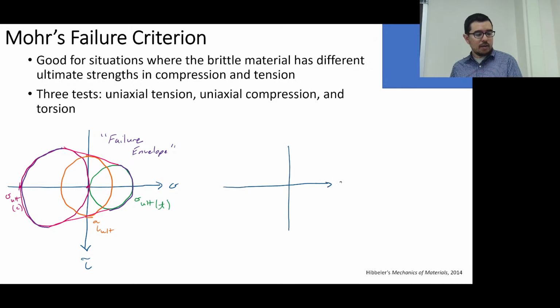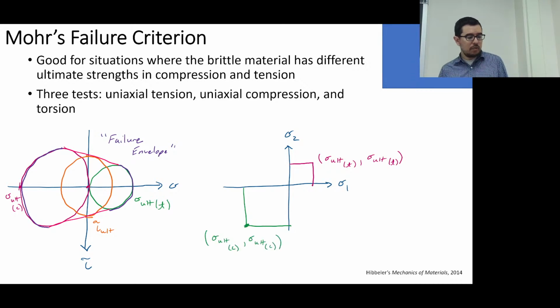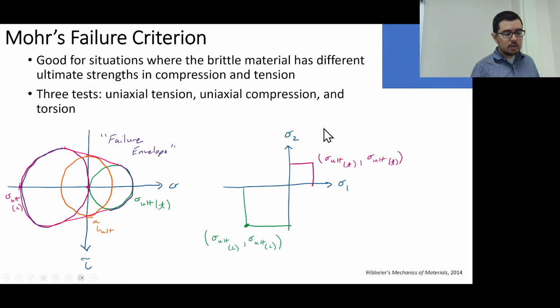And then we transport this idea over to a sigma 1, sigma 2 plot, and we have these two regions, where you have the tensile region and the compressive region. I guess I should have flipped these colors, because the green is tensile, anyway, you get the idea.